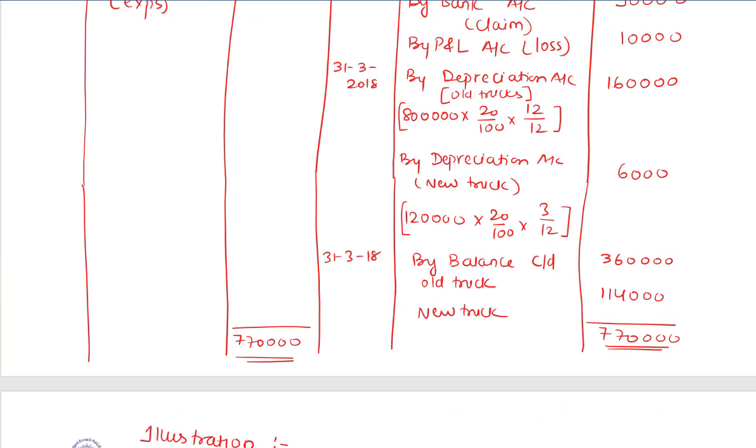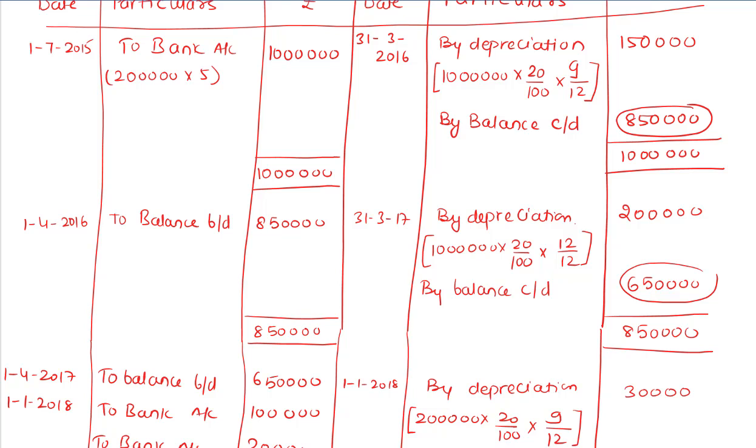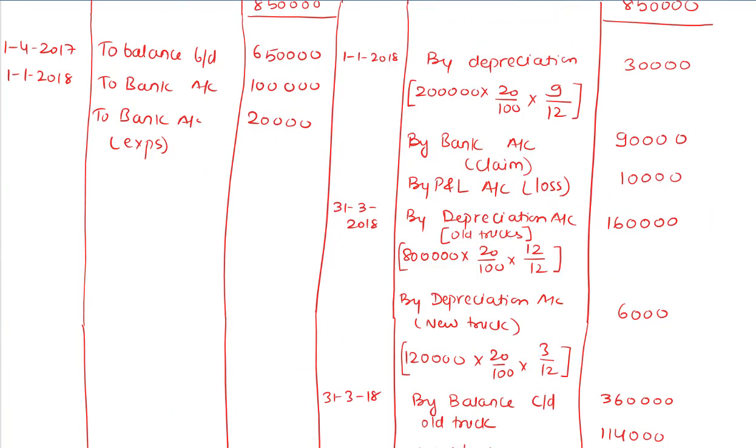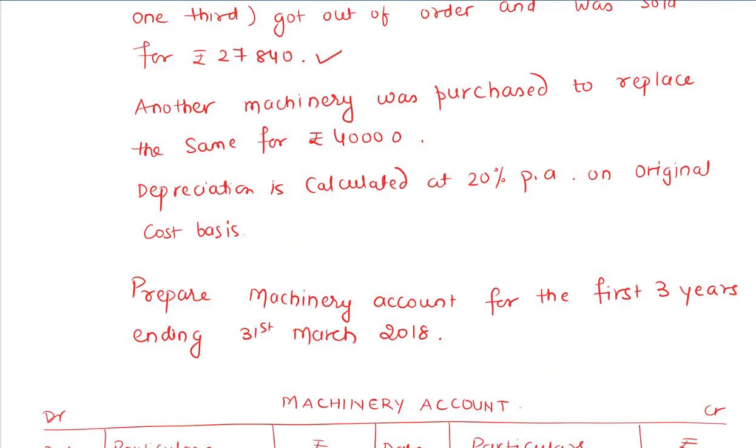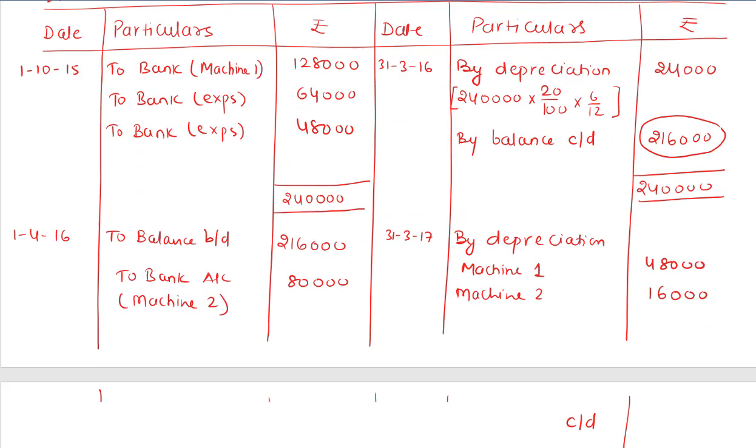Basically, there were two trucks, one old truck and one new truck. We sold a portion of the old truck in between, and accordingly the gain or loss is accounted. Then we saw a very long sum in relation to machinery account. There were three machineries involved: machine 1, machine 2 and machine 3, all purchased in three different years.